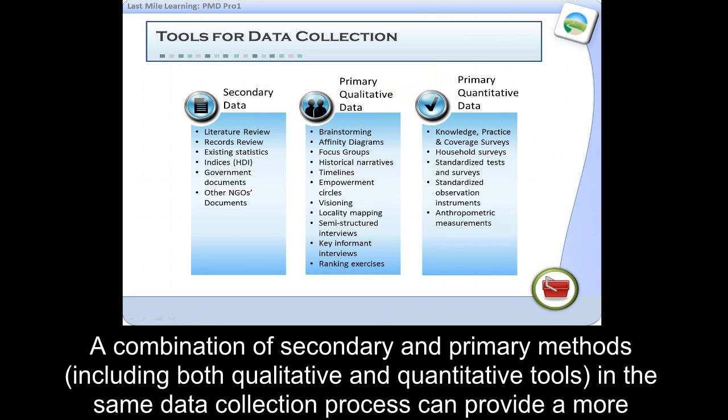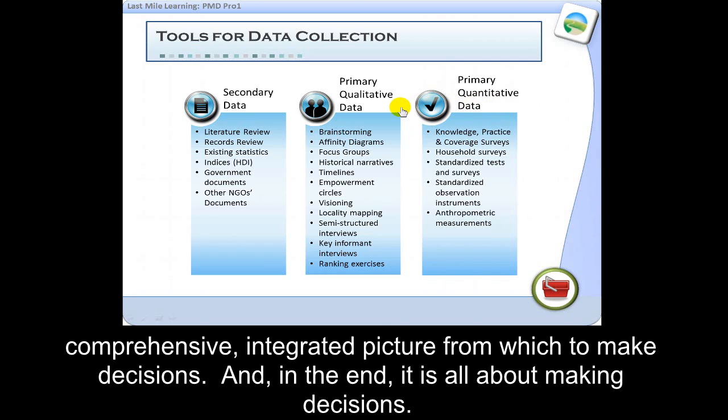A combination of secondary and primary methods, including both quantitative and qualitative tools, should be used in the data collection processes because they can provide a more comprehensive and integrated picture for the background of decision making. And in the end, it's all about making decisions in this stage.